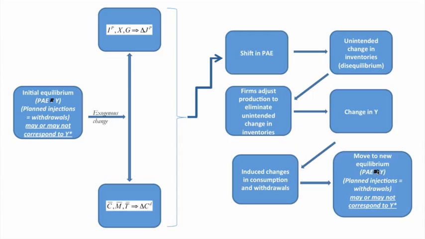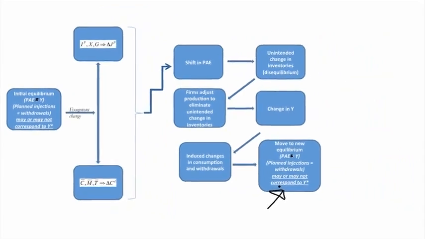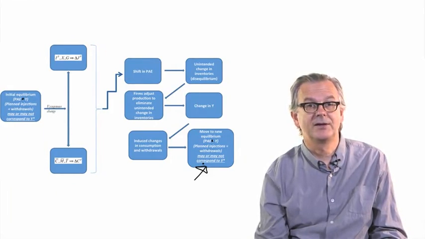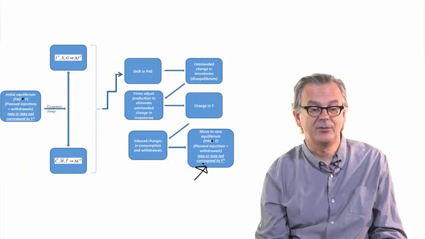Where planned aggregate expenditure is once again equal to GDP, planned injections once again equal to withdrawals. And it may or may not correspond to potential GDP. Certainly if we started at potential GDP and there is an exogenous change, where you end up is not going to be equivalent to potential GDP. And so we get the creation of output gaps. So it's a very rich but very systematic story about why it is that we see periods where economies have either contractionary or expansionary output gaps.